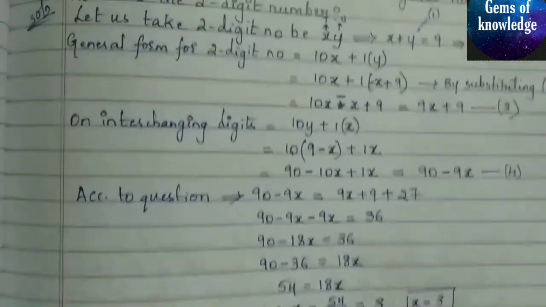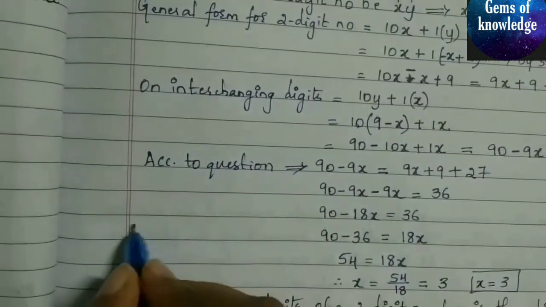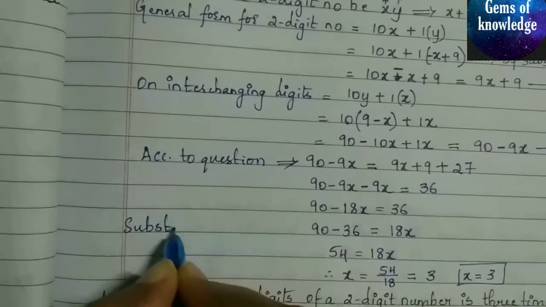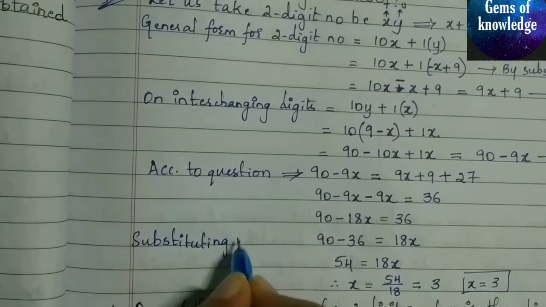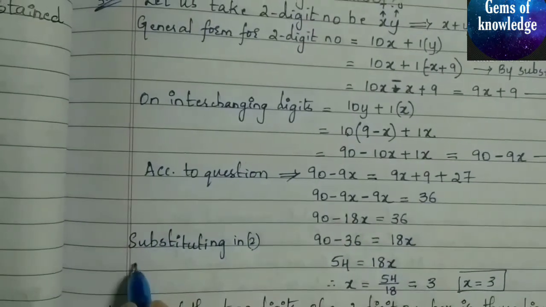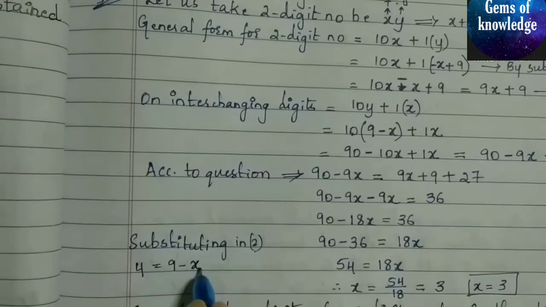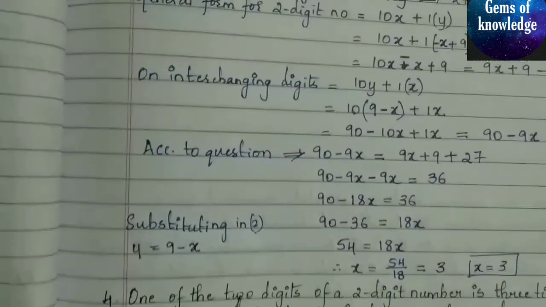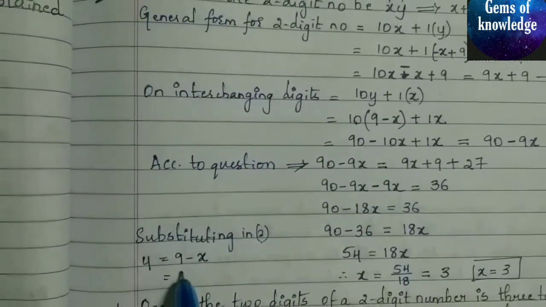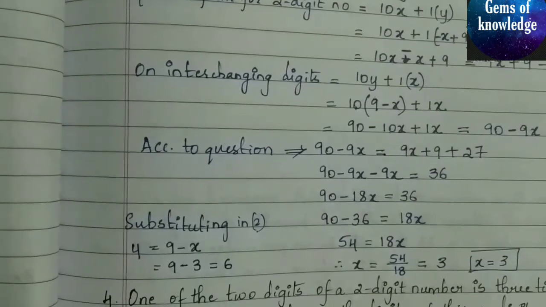So we will substitute in equation 2. Let me write here, substituting the value in equation 2, we get y equals 9 minus x. When we substitute, y equals 9 minus 3, and we are going to get the answer as 6.